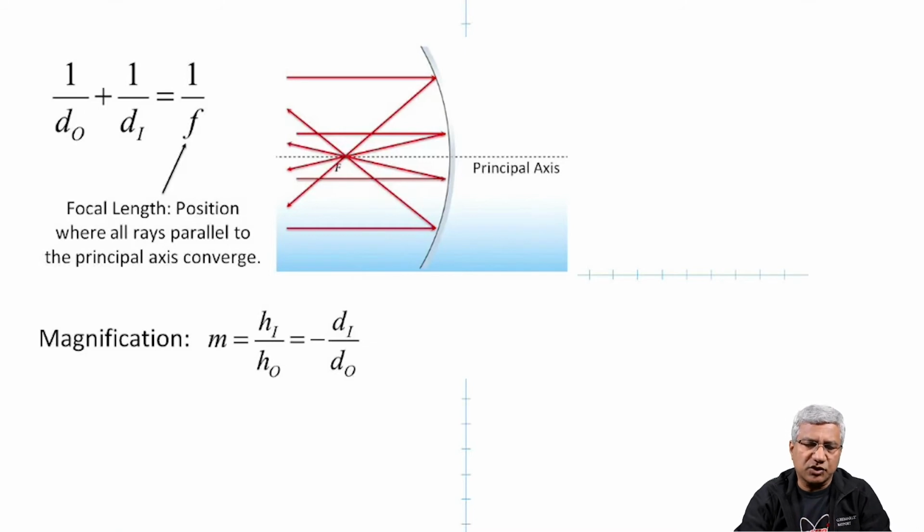And since the rays actually meet each other, it's a real focus. It has a real focus. Here is the law of distances for basically a mirror or a lens, the same thing. 1 over DO plus 1 over DI is 1 over F. And here are the formulas for magnification, both the formulas for magnification.